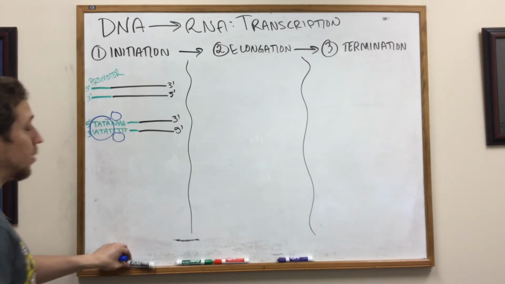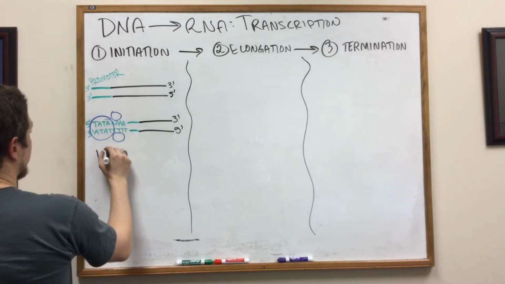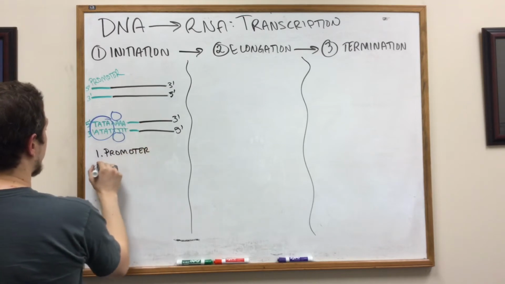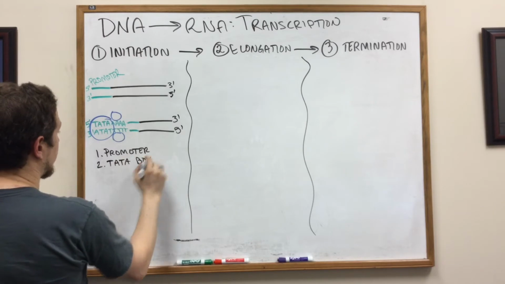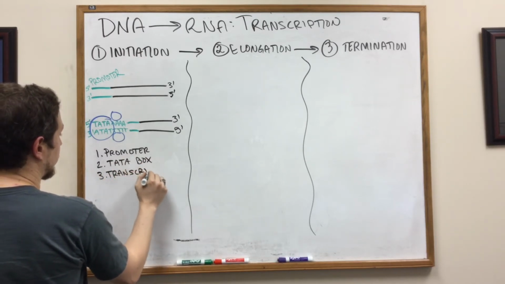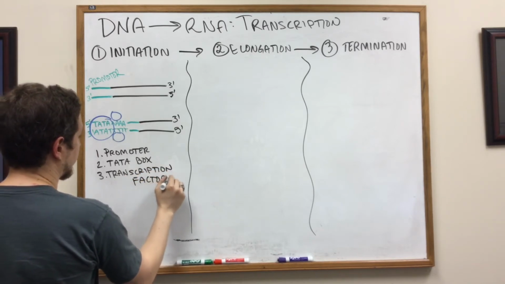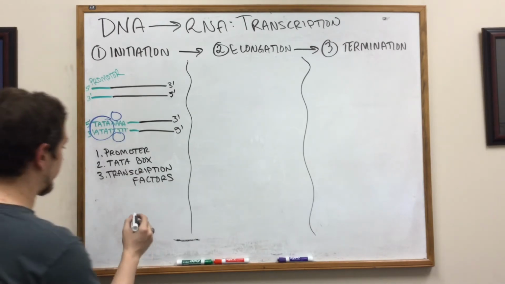So these three things that we have to have before we can even initiate transcription are the promoter. Within the promoter, in eukaryotes, we need the TATA box. And then we're also going to need these transcription factors. Now, once we have all three of these things, we're going to be able to initiate transcription.